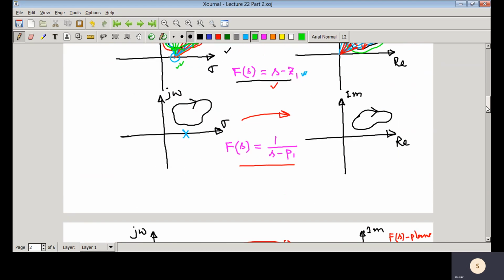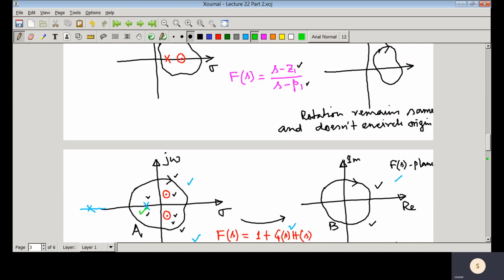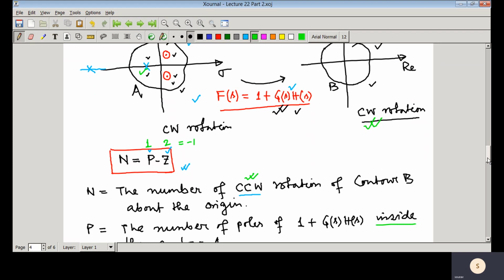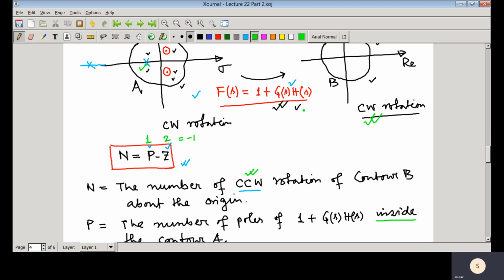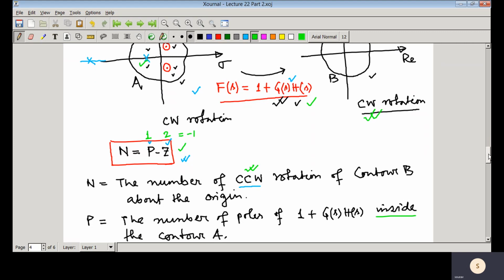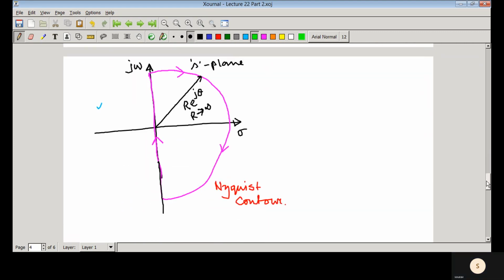So from the principle of argument, we have understood that whenever a contour is mapped via one function, that is 1 plus g of s h of s, this condition holds: n equal to p minus z. So now the contour is like this, enclosing the whole closed right half of the S plane, and from the principle of argument this holds: n equal to p minus z.